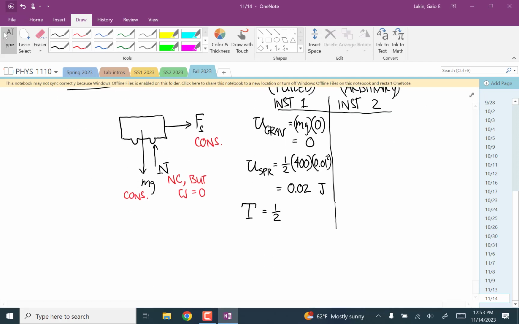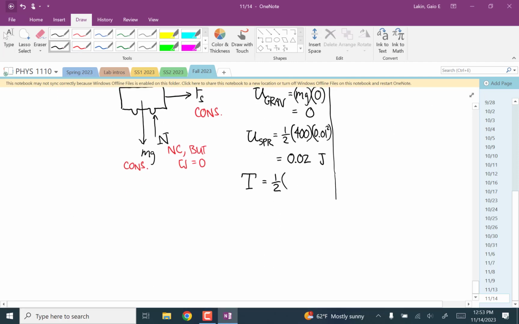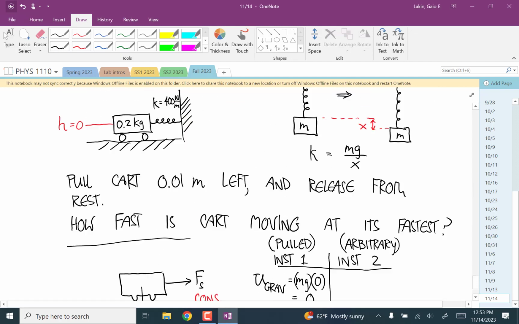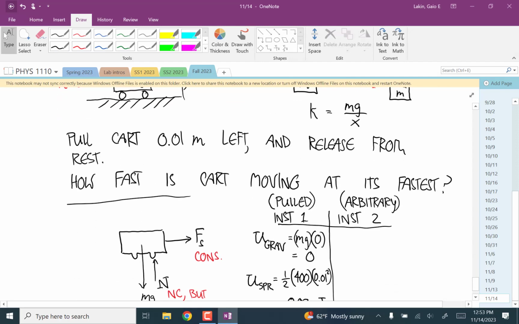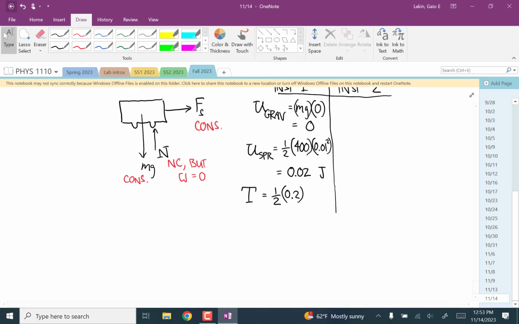What was it, 0.2? What's the speed at the instant it's released? Released from rest. So 0. So the kinetic energy when it's released is 0.